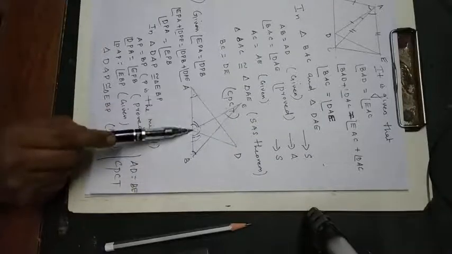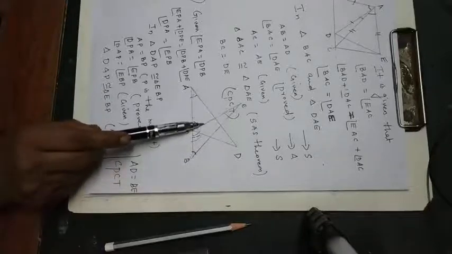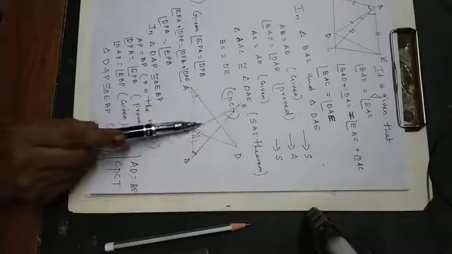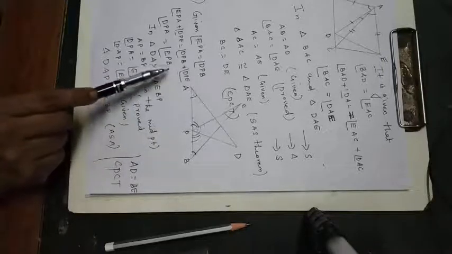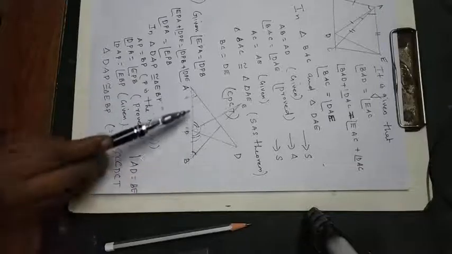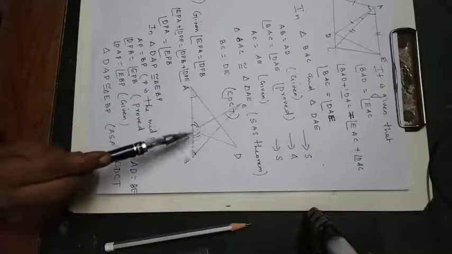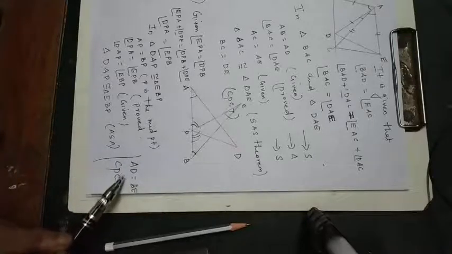AP equal to PB, that is P is the midpoint, so that is also given there. Now this side, this angle and this angle, we have proved they are equal. So by ASA theorem, these two triangles are congruent, and whatever you have to prove, you write CPCT there.